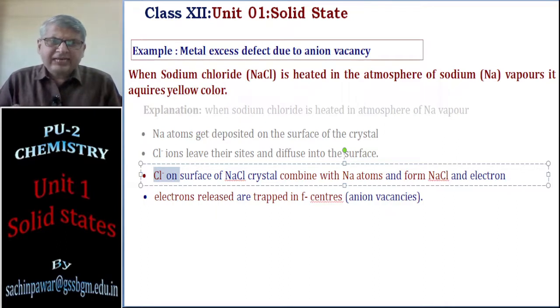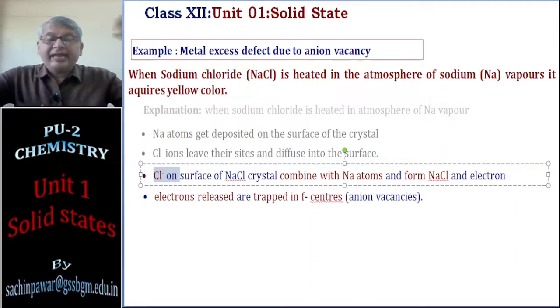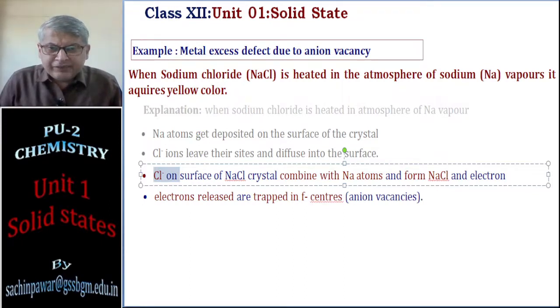It will not really rest there, it will start oscillating, and because of the oscillation of the electron at that F center, there will be excitation and relaxation. Excitation will absorb energy, and the absorbed energy will be released again when the excited electron jumps back to the normal state. During that process, the energy emitted corresponds to yellow color, and therefore when you heat sodium chloride in sodium vapors it becomes yellow in color.